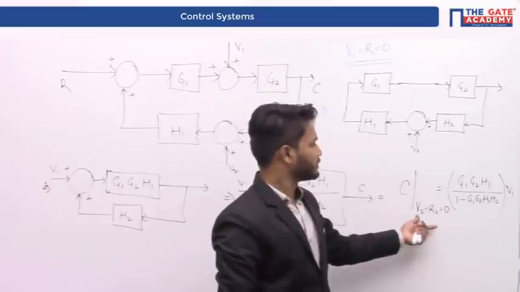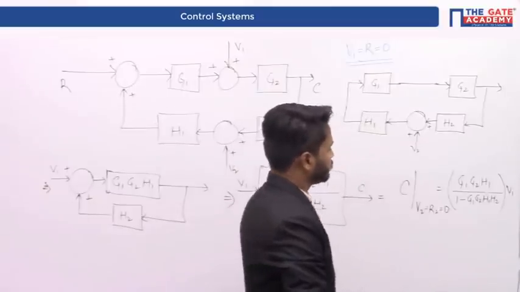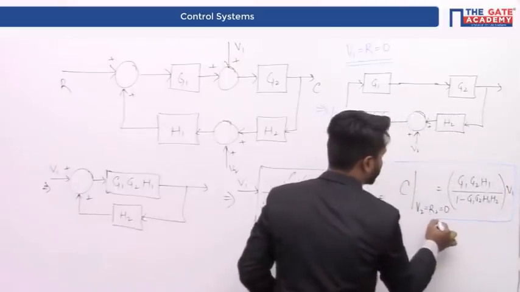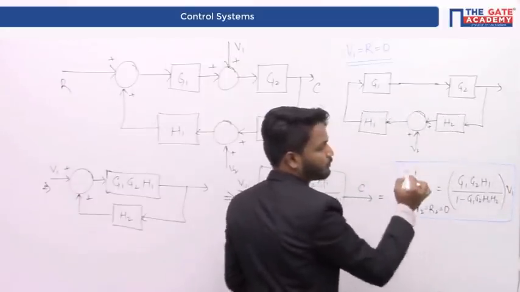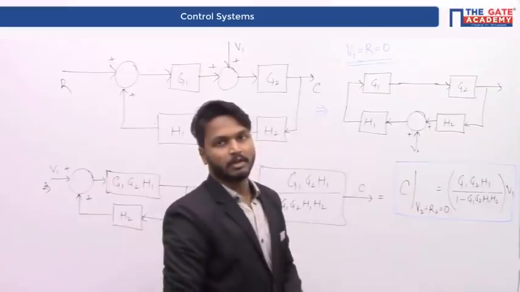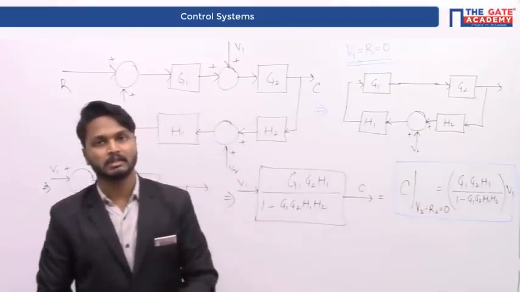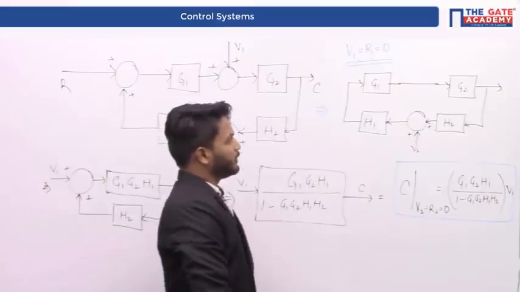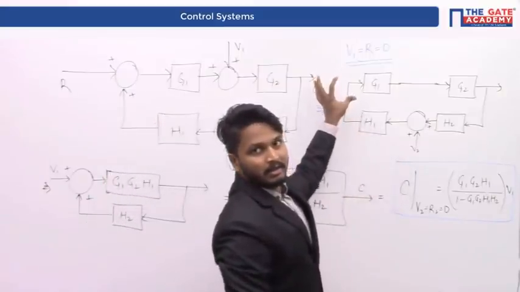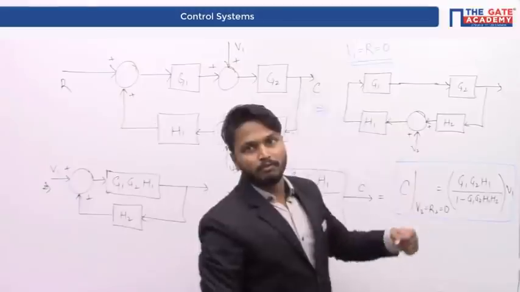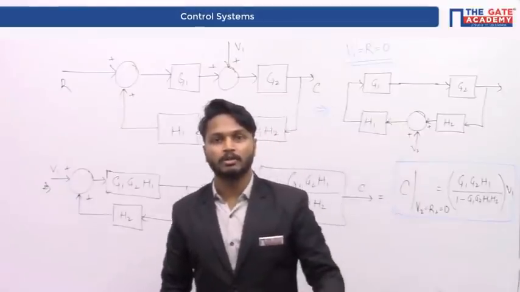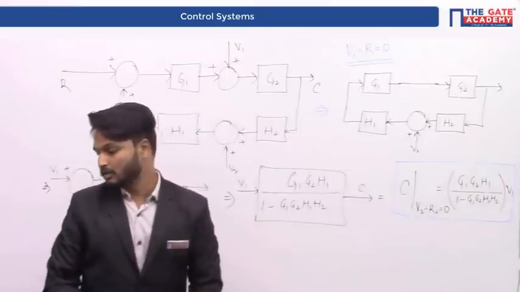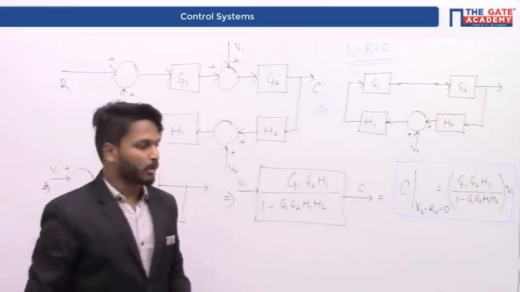So C will be equal to G1, G2, H1 by 1 minus G1, G2, H1, H2 times V1. This is the output when V1 is the only input. Right? So now let's nullify V1 as well as R, and let's place the input V2. V2 is a non-zero input, whereas V1 and R both are zero inputs. Then we'll look into the output, how it is.